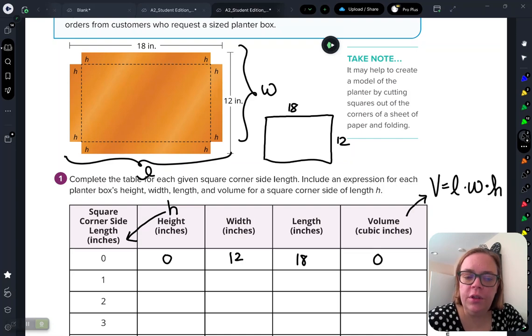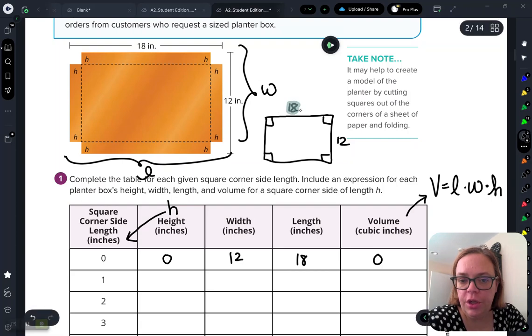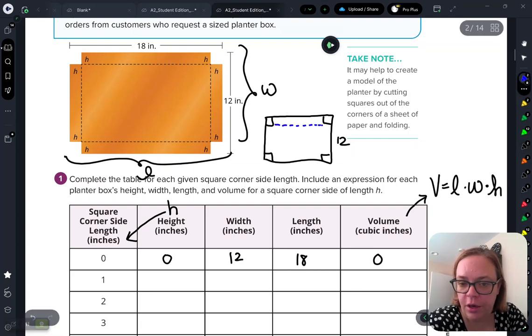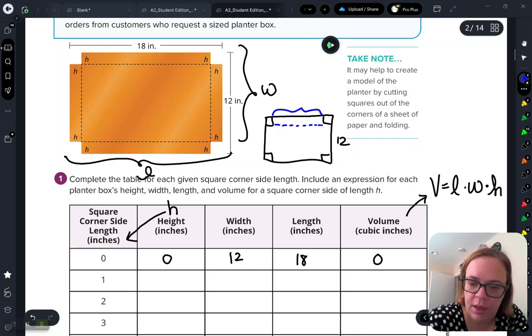Okay, what if the square was 1 inch? Well, now you're going to cut out little 1-inch squares. Okay, so if it was 1 inch, this portion right here is going to be your new length. I keep mixing them up, I'm sorry.